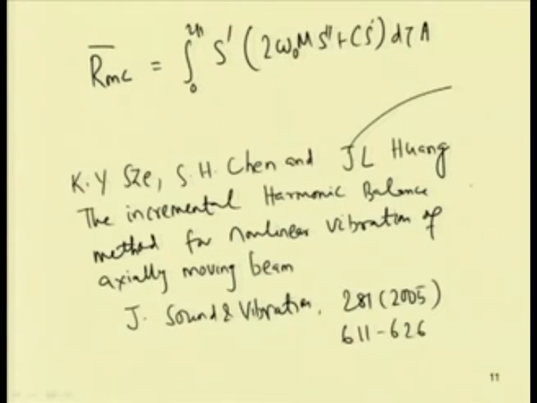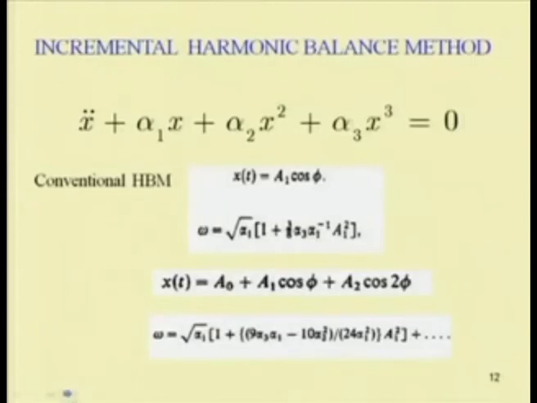So, there are many other papers on this incremental harmonic balance method. Some of these papers are: the first paper is by Liu and Chang, which was published in 1981, already I told.